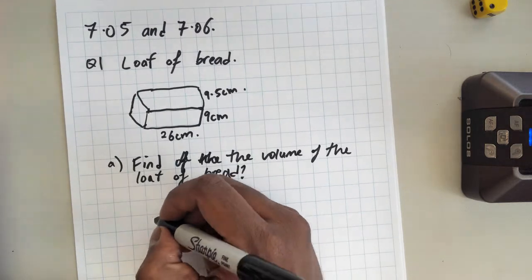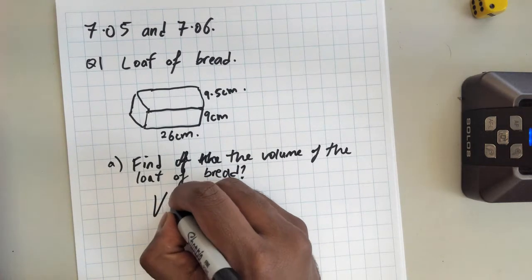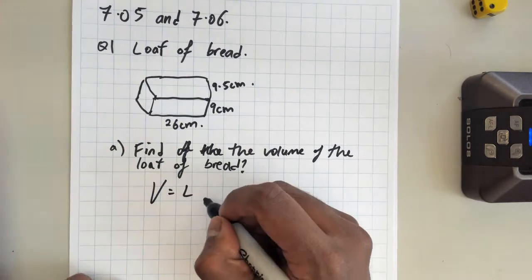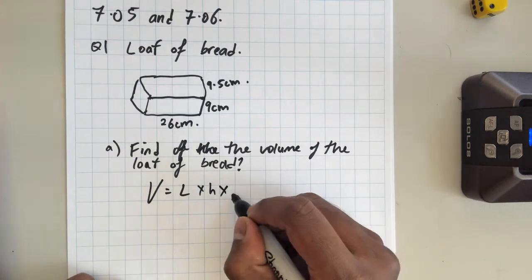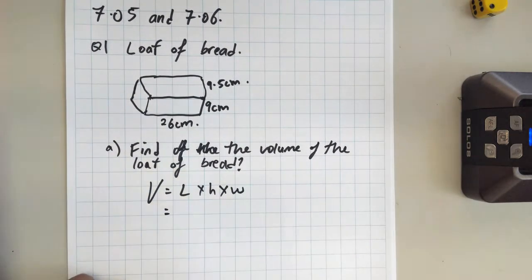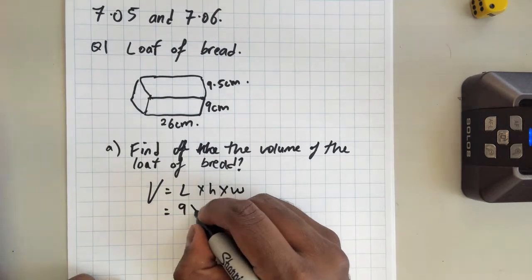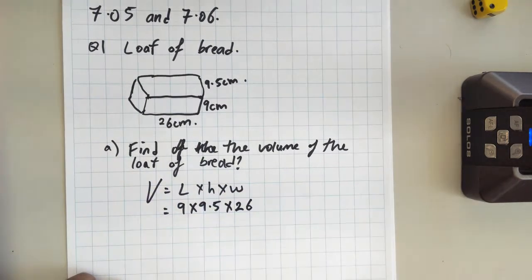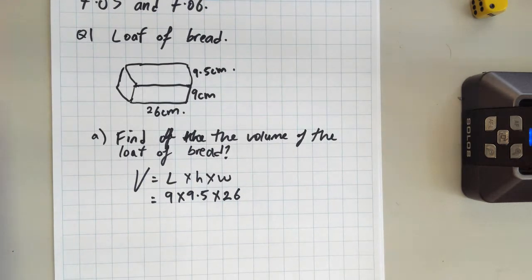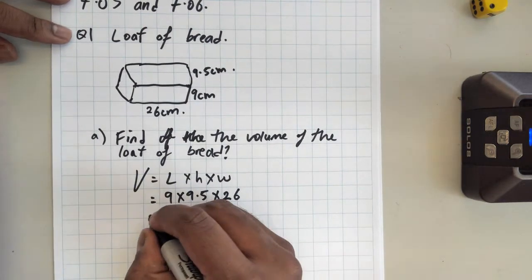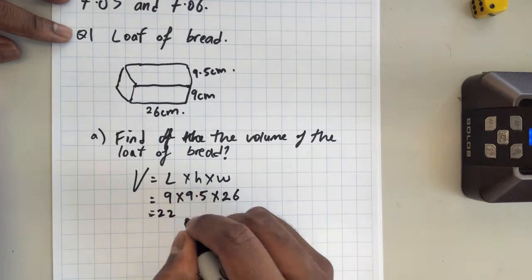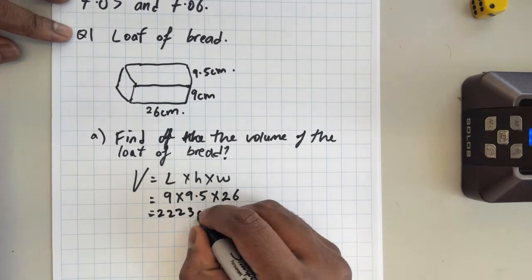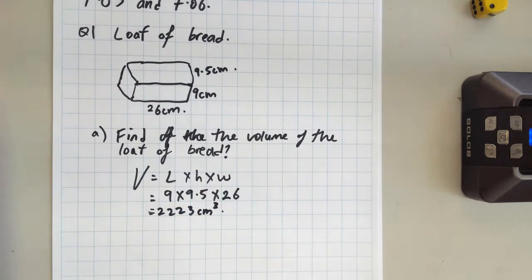Or for our rectangular prism, the volume is just the length times the height times the width. So we're going to multiply that now. We've got 9 times 9.5 times 26. So we put that into the calculator and we get 2,223 cubic centimeters.